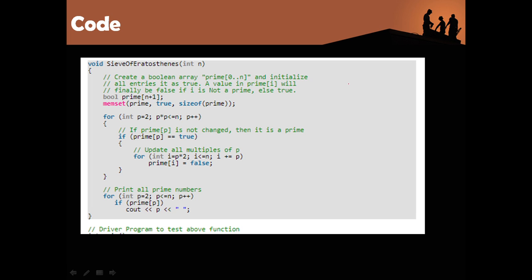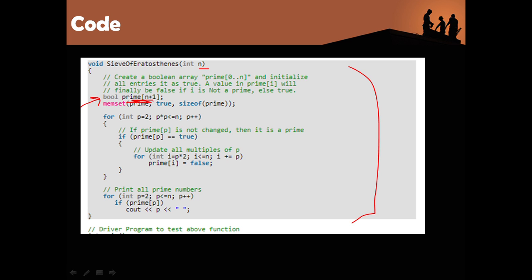So this is the C algorithm. As you can see, we have taken a bool array of prime numbers of all numbers. The size of the array is n plus 1. The problem is to find all the prime numbers till n.